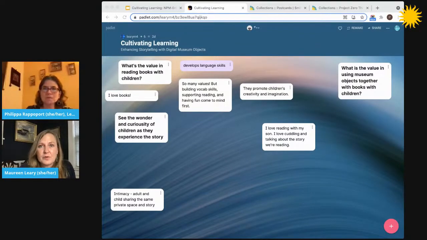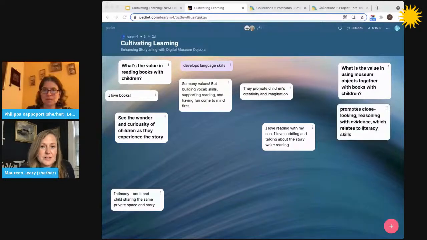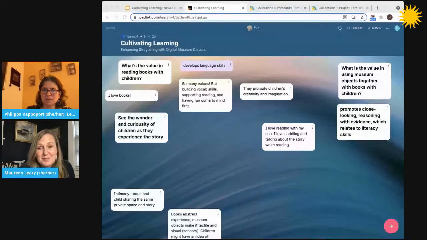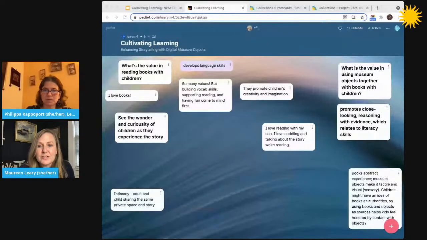Just so many more topics that are inclusive, tackling difficult issues, showing family situations and all different kinds of things that you didn't ever used to see in mainstream children's books. So that's really encouraging and very helpful if you're trying to be sensitive to who your audience is and making sure that children see themselves represented in the books and the objects that you're using.